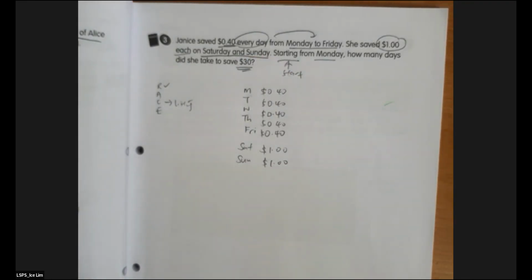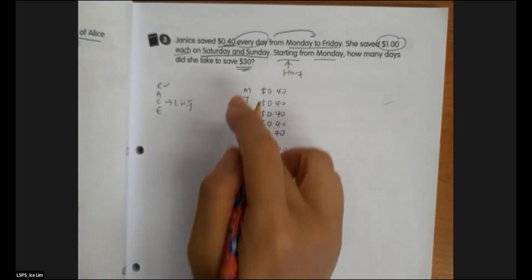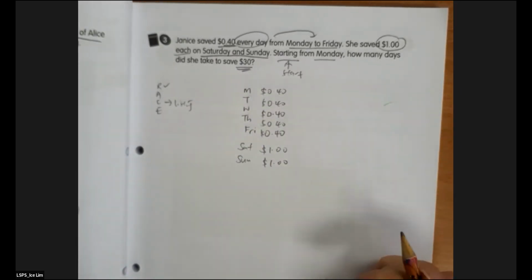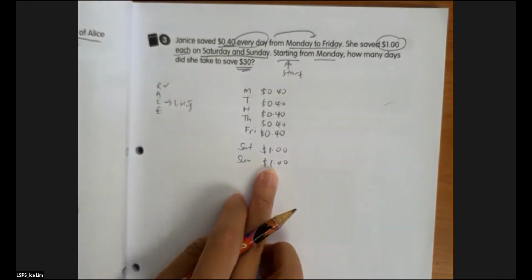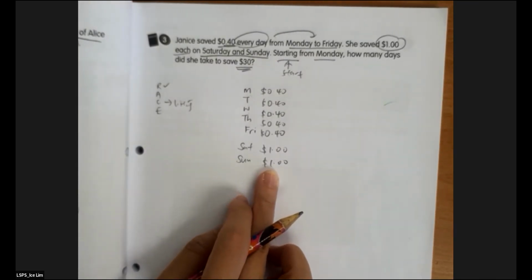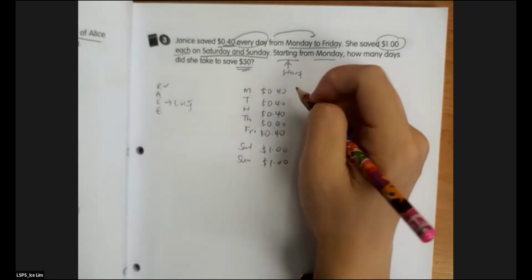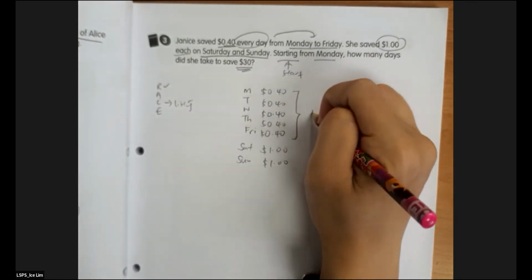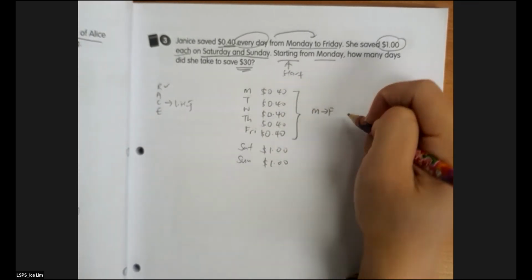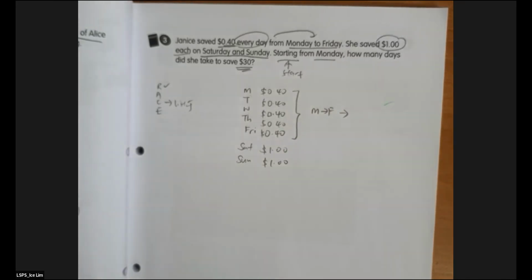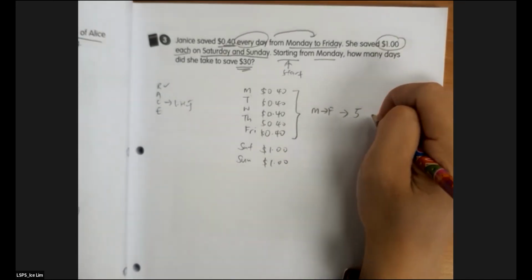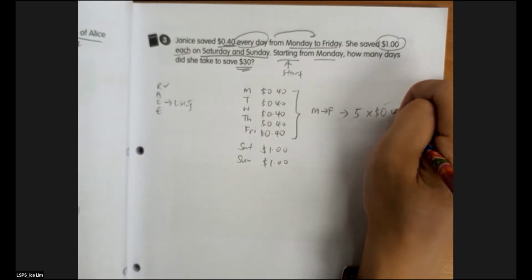However, you don't have to do that because you notice there's a pattern. Next week, it will still be the same way, right? So if I repeat this next week, from Monday to Friday, how much will she save? Yeah, so it will be 5 times 40 cents is $2.